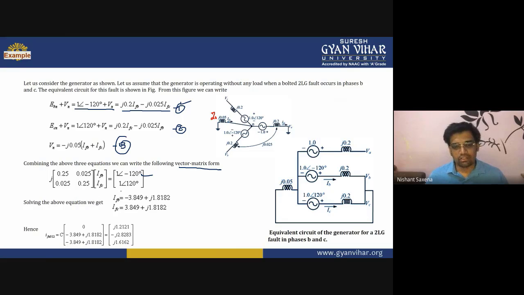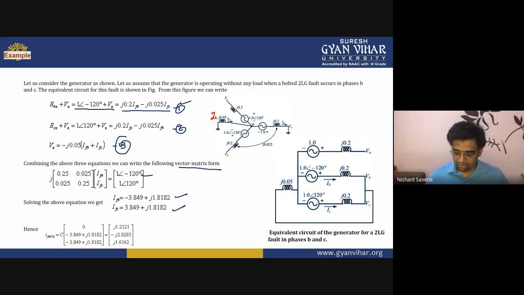Now solving the above equation, we get IFB equal to minus 3.849 plus j 1.8182. Similarly, IFC comes to be 3.849 plus j 1.8182.